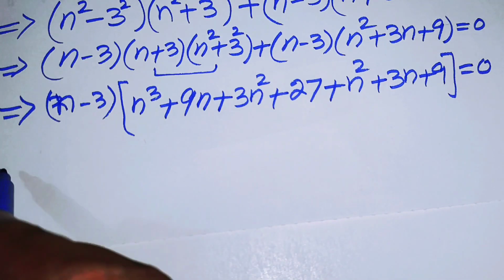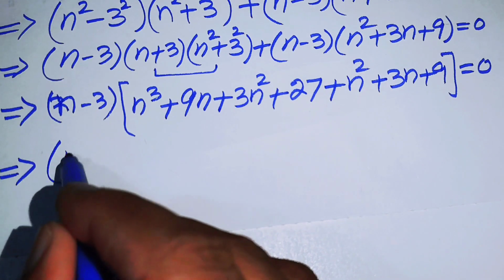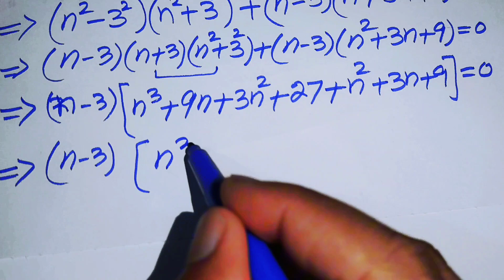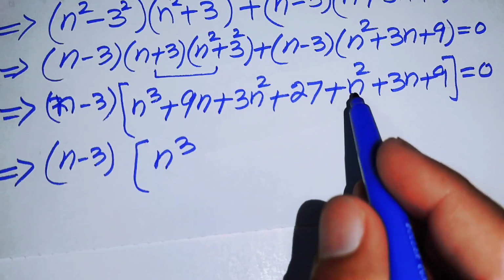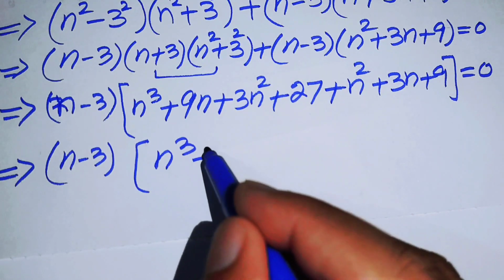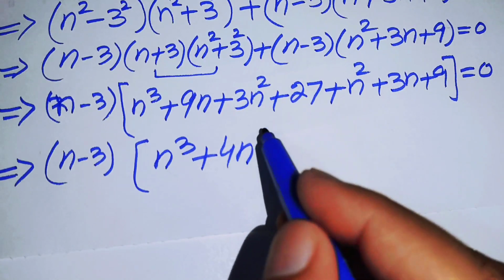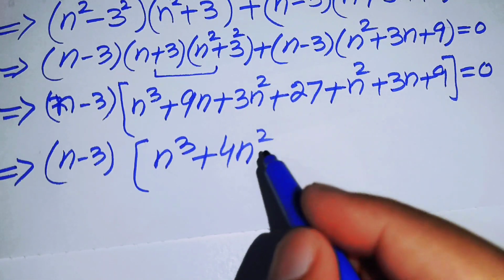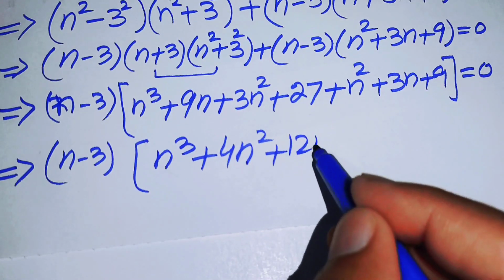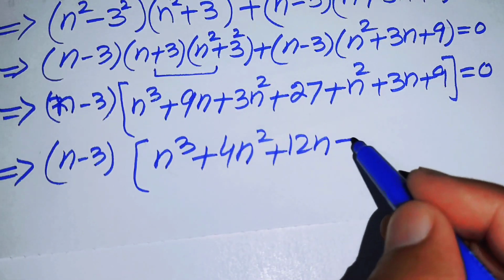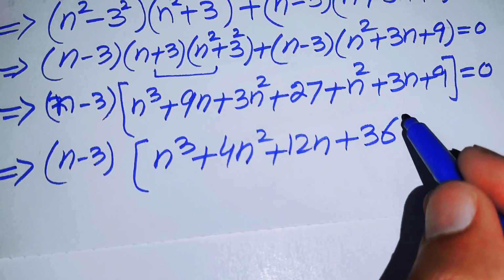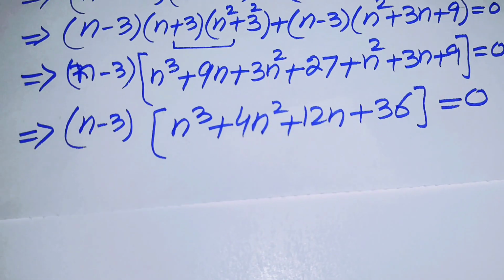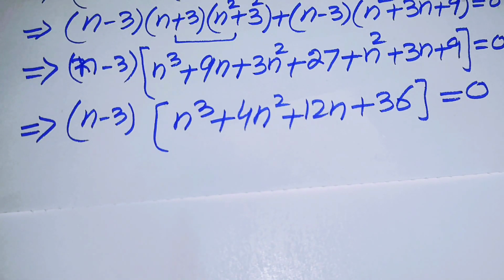And now we can simplify both of the terms and you get n minus 3 times n cubed, plus 3n squared plus n squared is equal to 4 times n squared, and 9n plus 3n is equal to 12n, and 27 plus 9 is equal to 36, and this whole is equal to 0. And now here we have two cases.